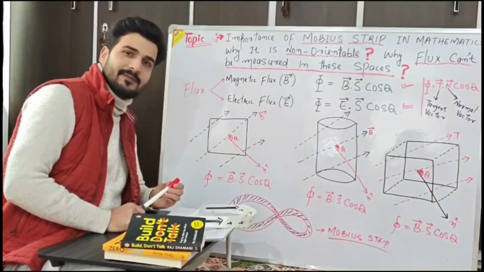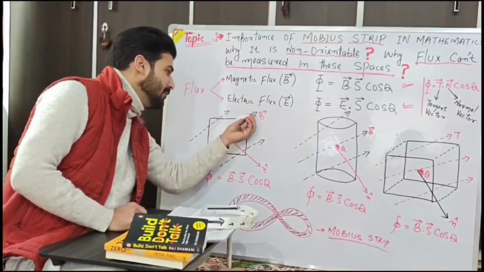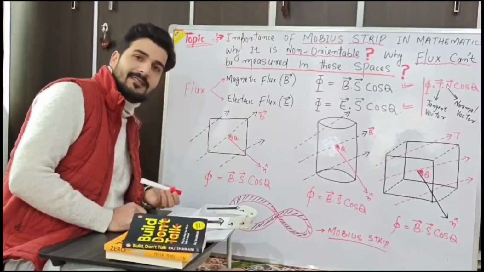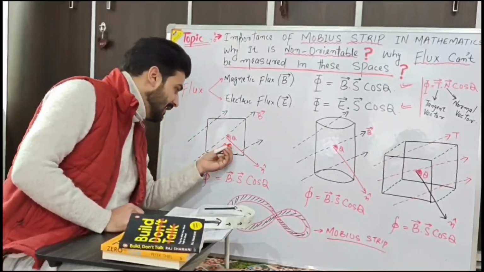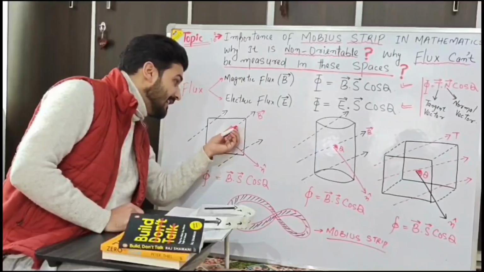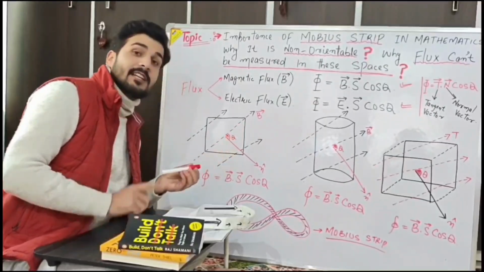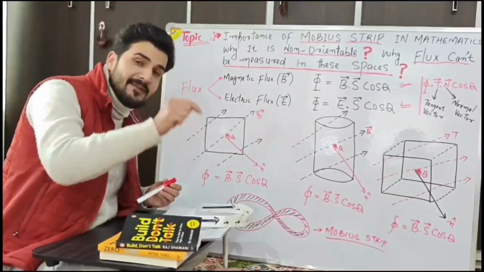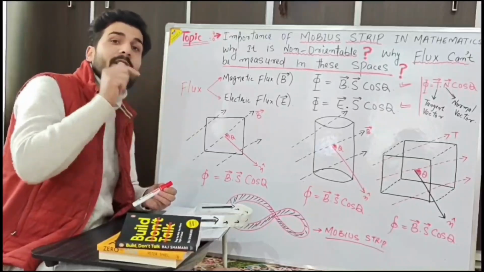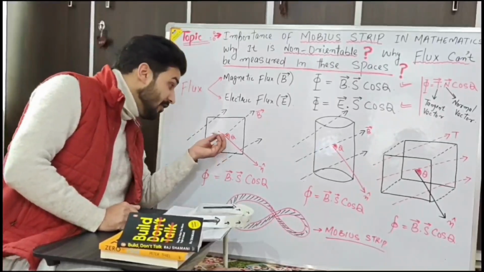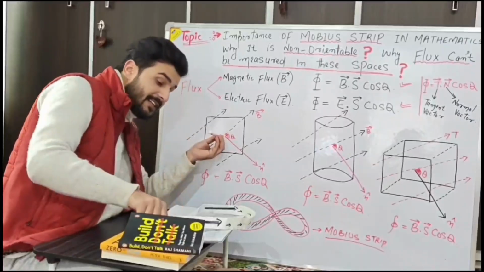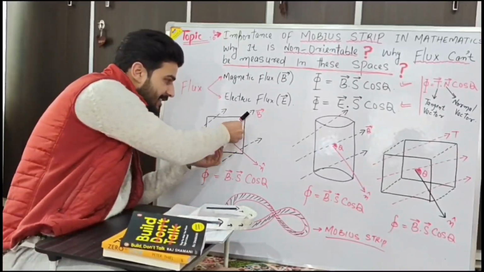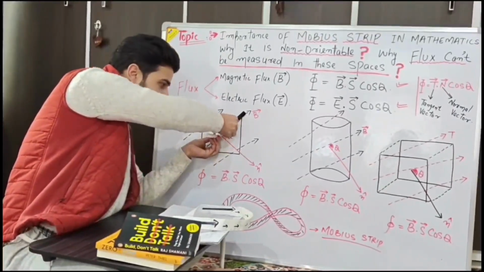At every point, we get the same angle. At every point, the direction of the tangent vector and the direction of the normal vector does not change.